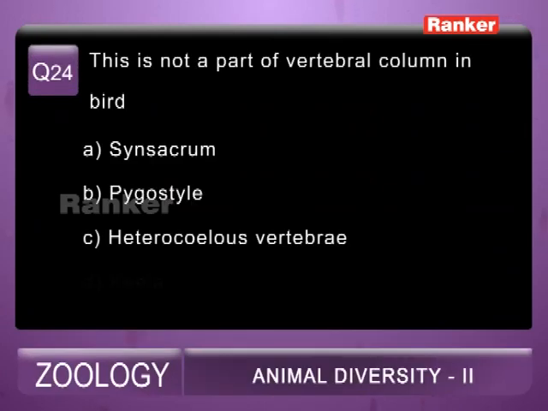Now, the 24th question. This is not a part of the vertebral column in birds: A. synsacrum, B. pygostyle, C. heterocoelous vertebrae, D. keel.